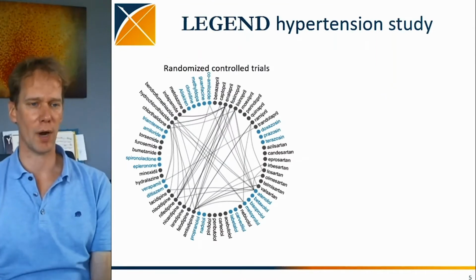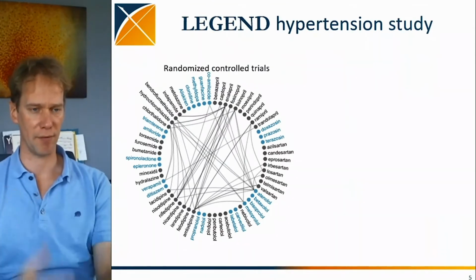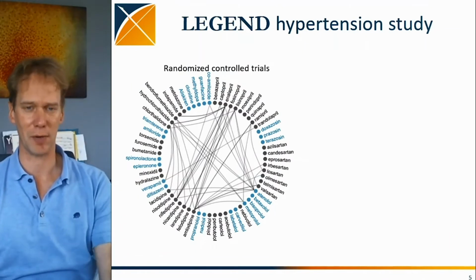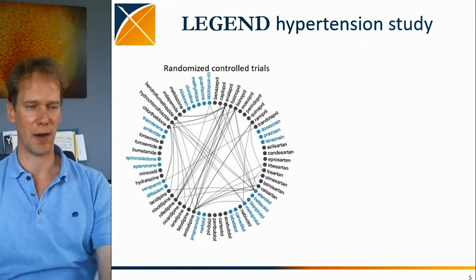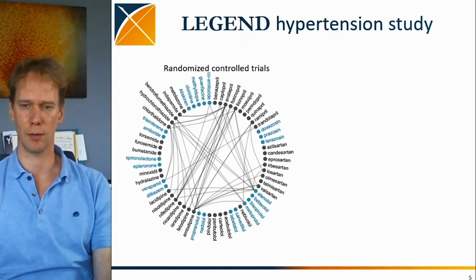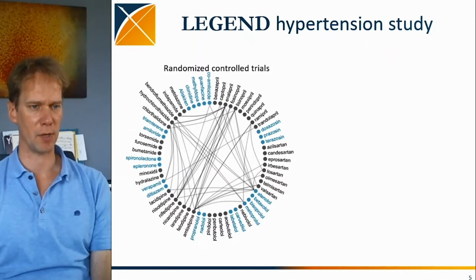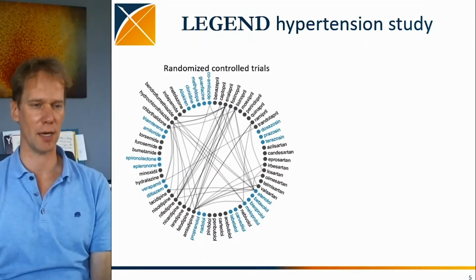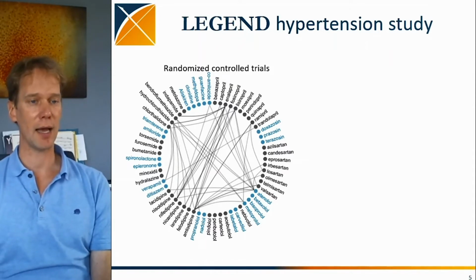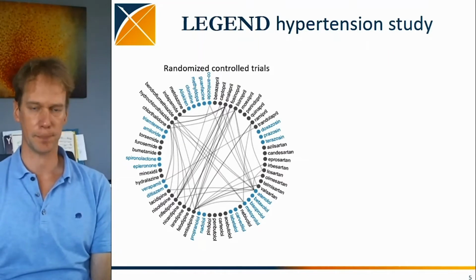Now, one reason why we wanted LEGEND to be producing evidence at large scale is, as you probably expect, to be complete, to provide a complete evidence base to medical decision makers. What I'm showing you here in this diagram is a plot representing the randomized trials that have been done for hypertension treatments, where every one of those circles, every one of those dots is a hypertension treatment, in this case focusing just on monotherapy, and every line represents one or more randomized trials that was done to compare two treatments.